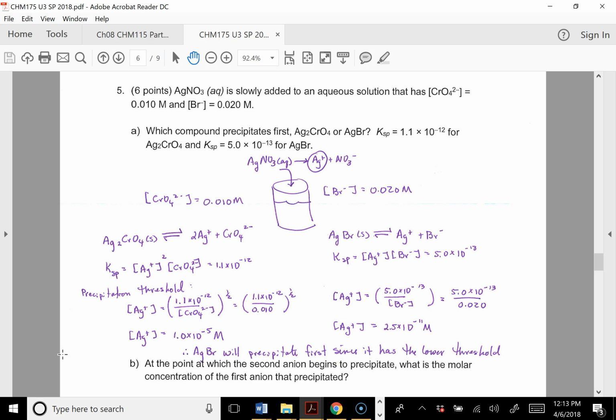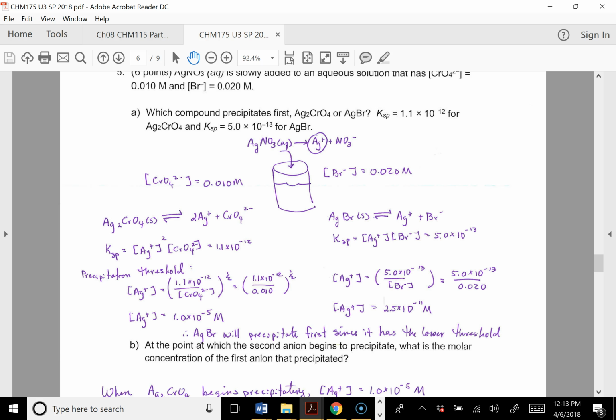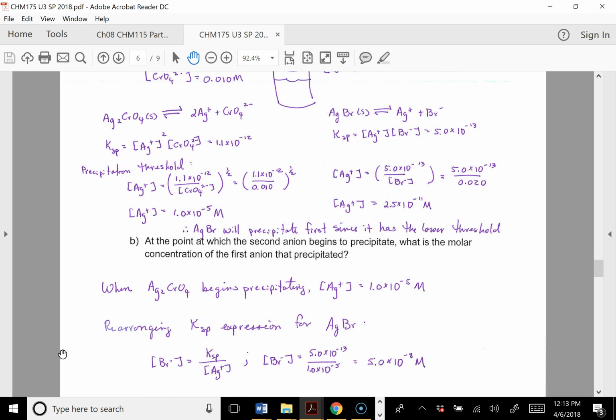We have to look at the threshold for what the silver ion must be in order to get our silver chromate, and then go back to this KSP expression, rearrange it for bromide ion, now substituting in the threshold from your silver chromate. So there's that.